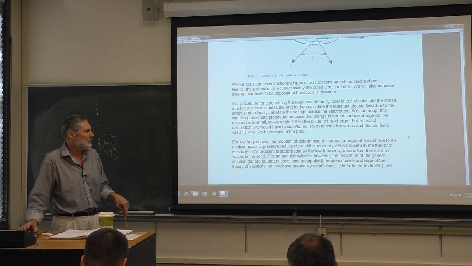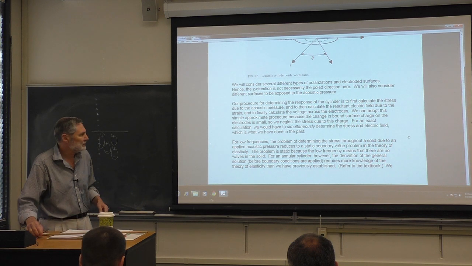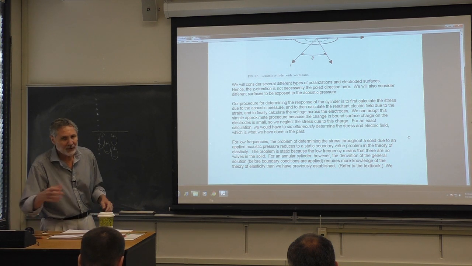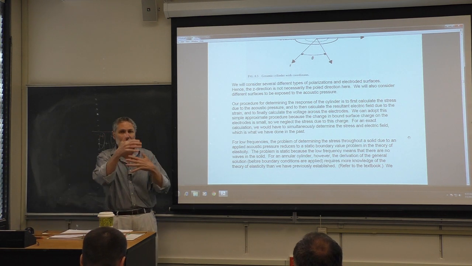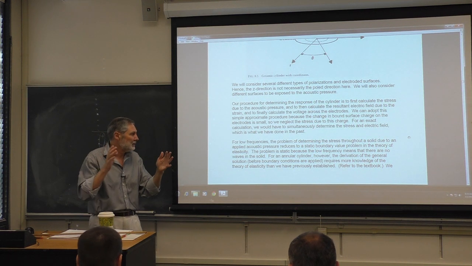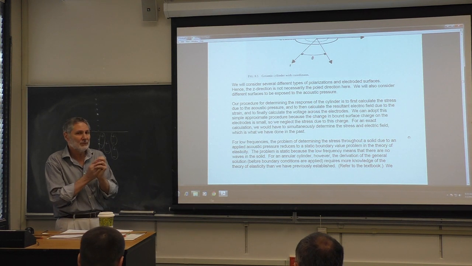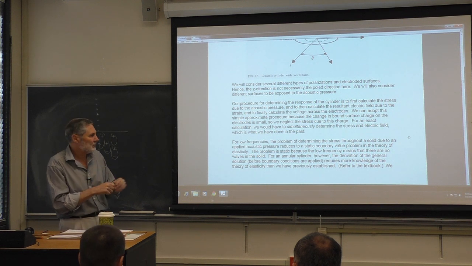Okay, so we're at low frequencies. So determining the stress, there's a bit of a problem here, when we subject this thing to this external pressure. The stress doesn't have to be uniform in this. It's not in general uniform in this geometry, as you'll see.